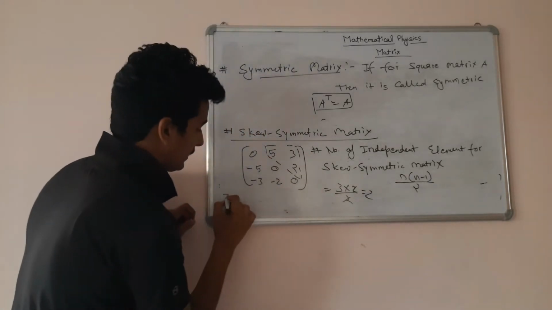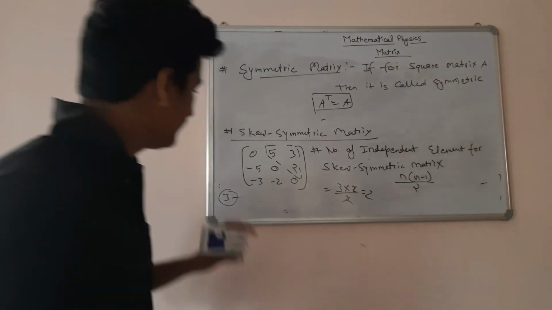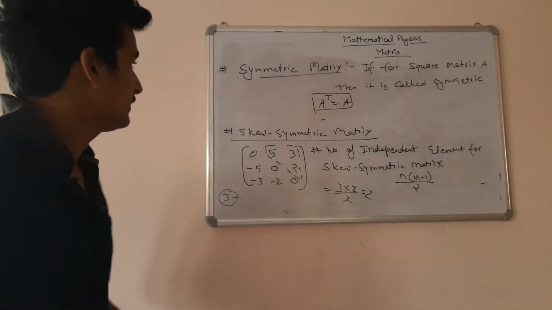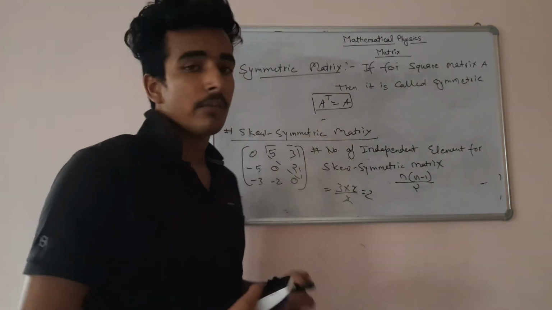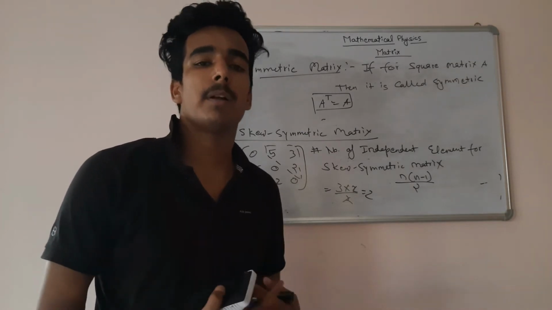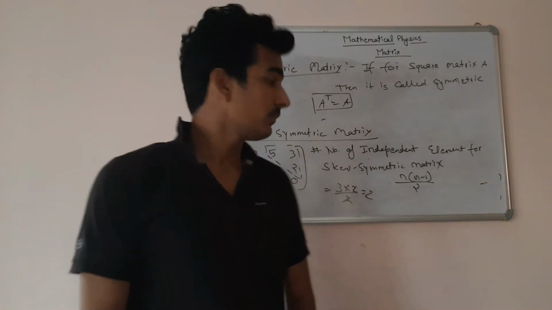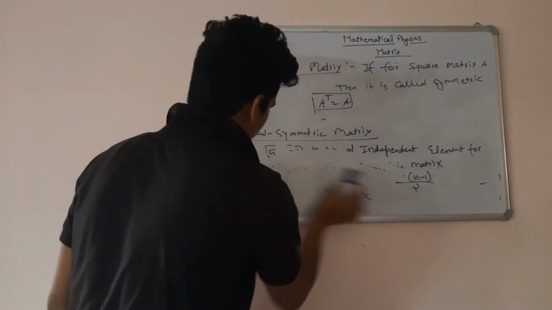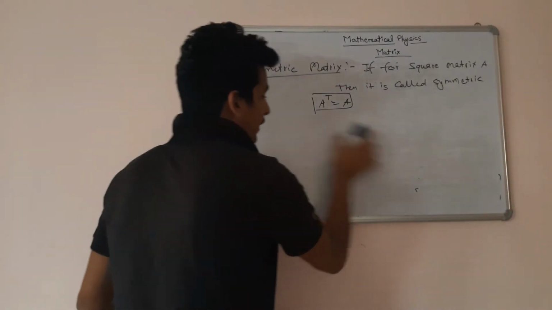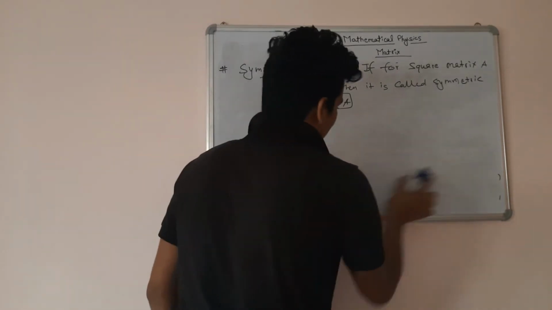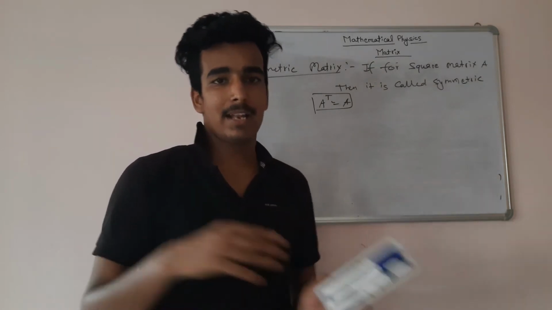So we can only choose 3 elements by ourselves, basically the 3 independent elements. So this is our discussion about the number of independent elements we can choose in symmetric and skew symmetric matrices. Now there is a very good property of matrices: any matrix can be represented as a sum of its symmetric and antisymmetric parts.